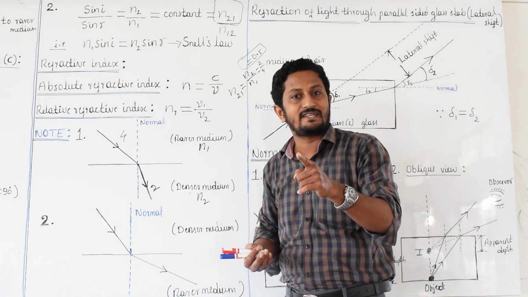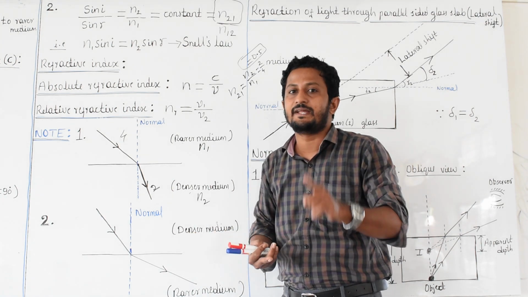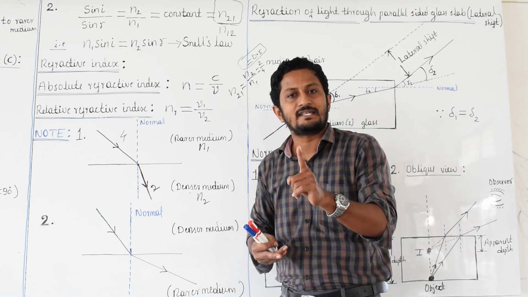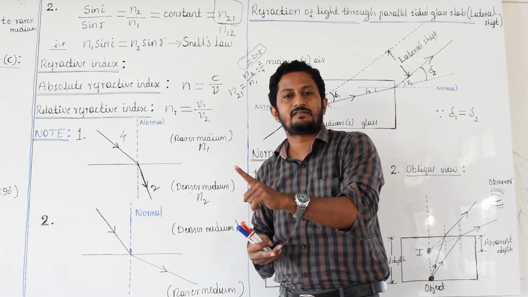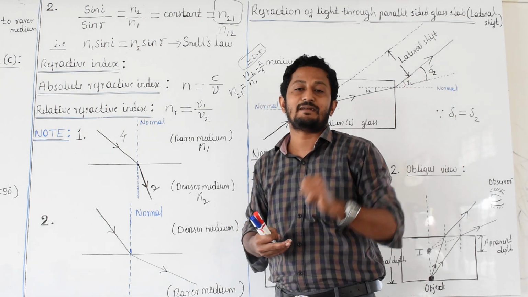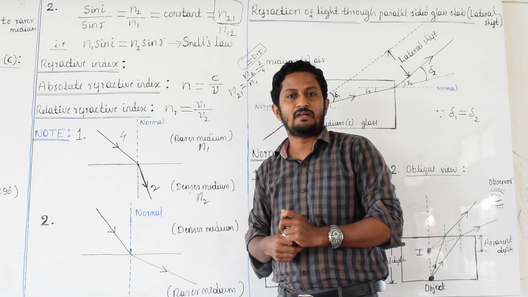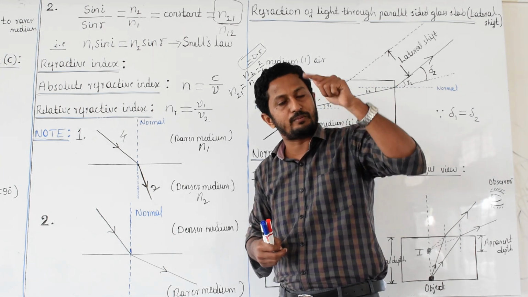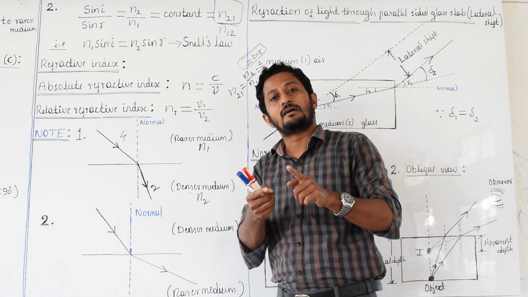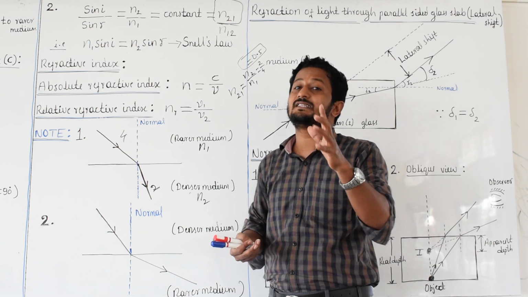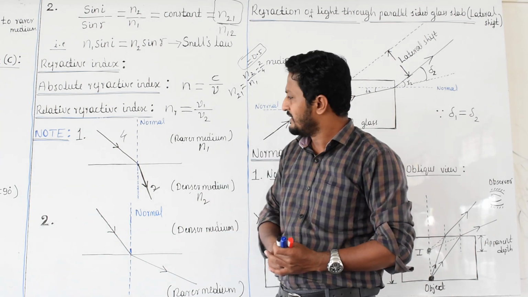The speed of light in that water medium got decreased by 1.33 times as it has in that rarer medium, I mean in that air medium. How much it has in air, that 3 into 10 to the power of 8, there it got decreased 1.33 times.